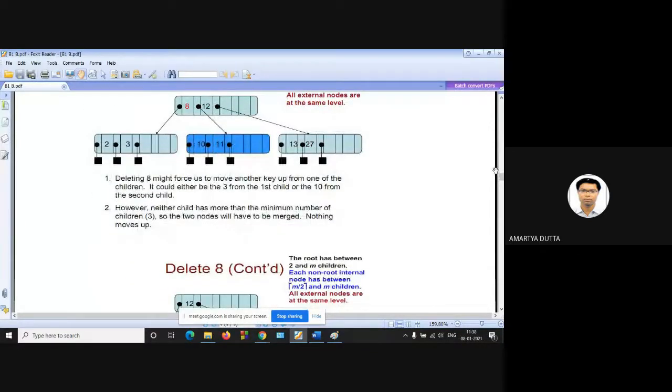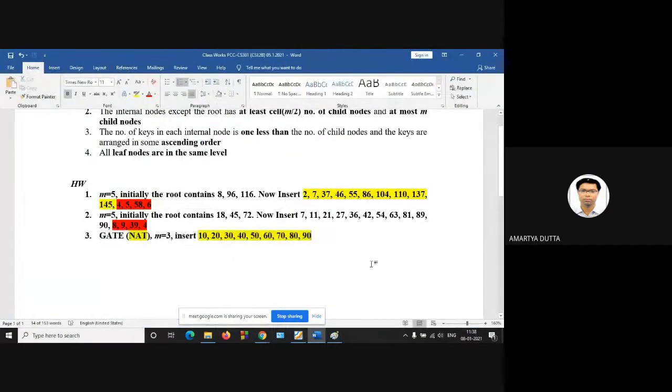So actually the deletion rule is about deleting an element from a B tree.